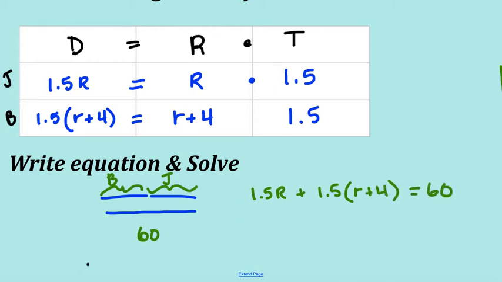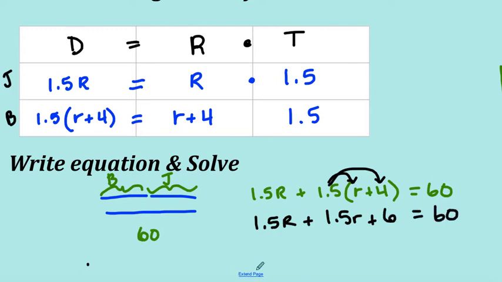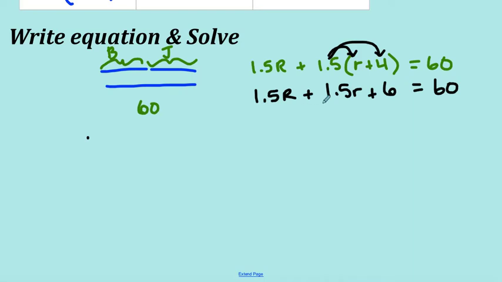And now I've got to just do the math. You know that we would distribute here 1.5 to each, and we get 1.5 r plus 1.5 r plus 6 equals 60. Now, I love this one because when I combine 1.5 r and 1.5 r, those like terms, that gives me 3r plus 6 equals 60.